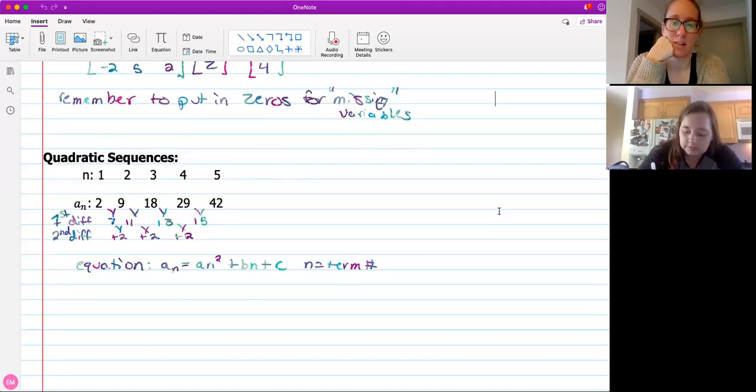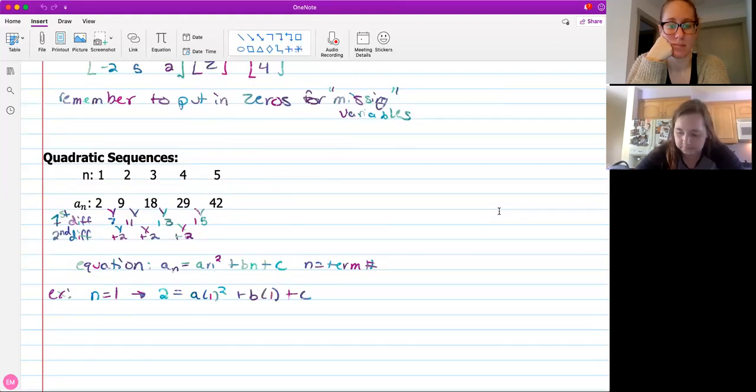Okay, so let's do an example just really quick using the sequence that I have up there. So when n equals 1, a sub n equals 2, so you're going to put 2 here, and then you're just going to put 1 squared plus b times 1 plus c. And that will simplify into 2 equals a plus b plus c.